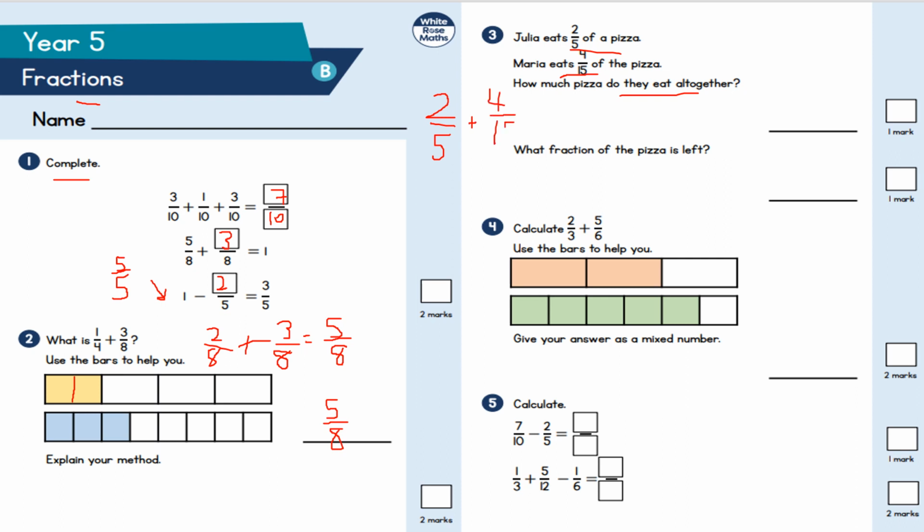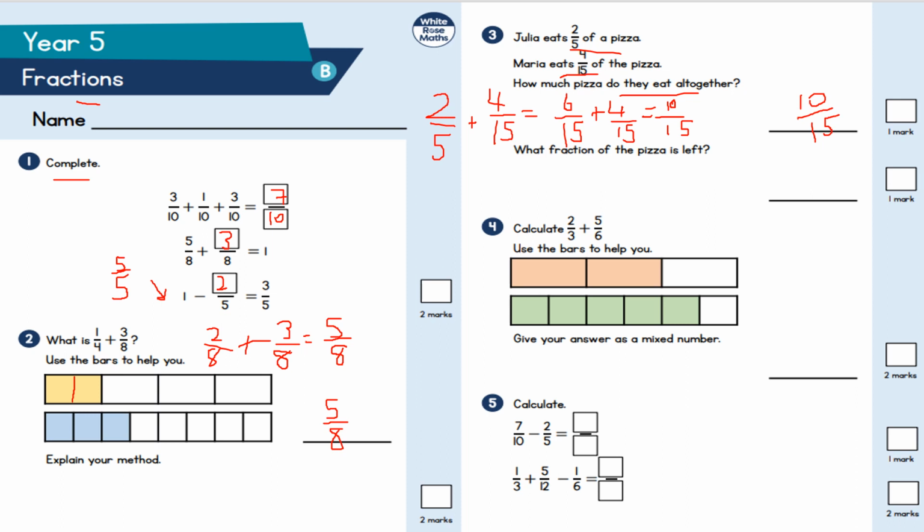Changing the first fraction into 15ths, times top and bottom by 3, I get 6/15 plus 4/15 is equal to 10/15. So the answer to that will be 10/15. Now I can simplify that, but I'll leave it like that for the purpose of today's video.